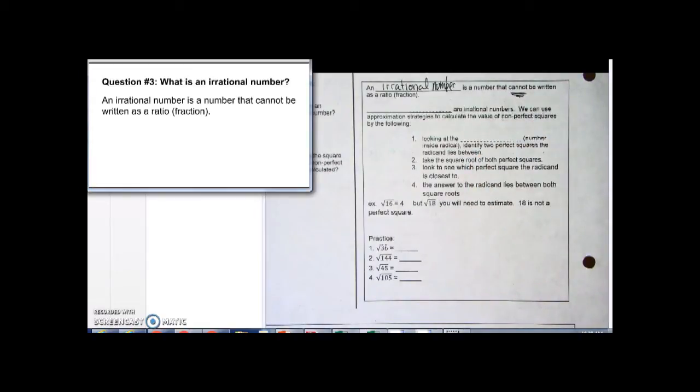Can't be written as a fraction. It won't be perfect. It won't be accurate. It might be close, but it's not accurate. We can't accurately write it.